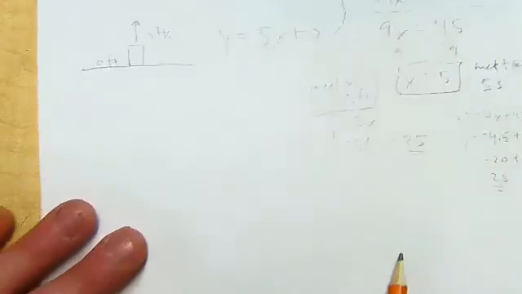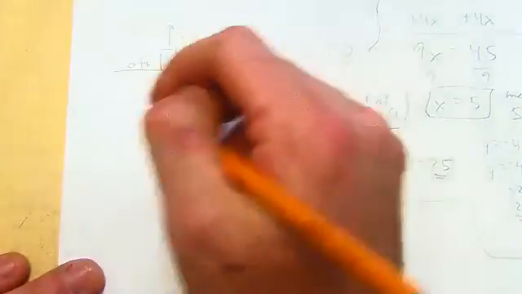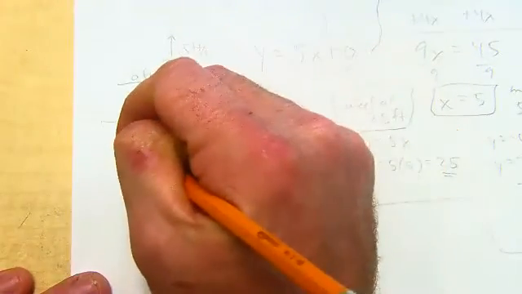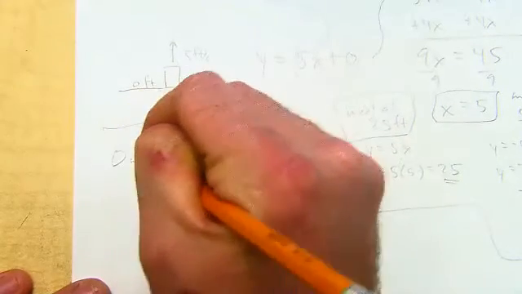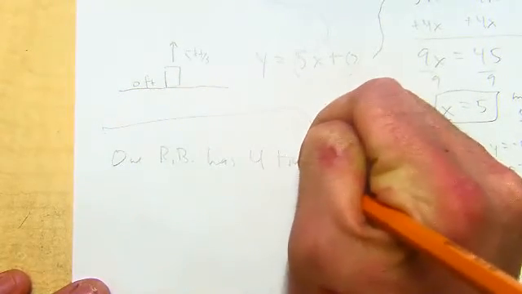Okay, the other type of question you'll see is something like this. It'll be like a running back type of scenario. It'll be something like one running back has 4 times as many yards as the other.